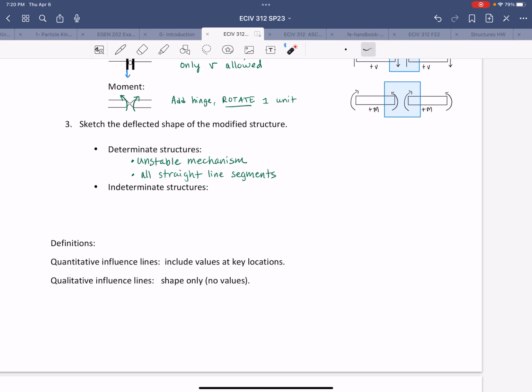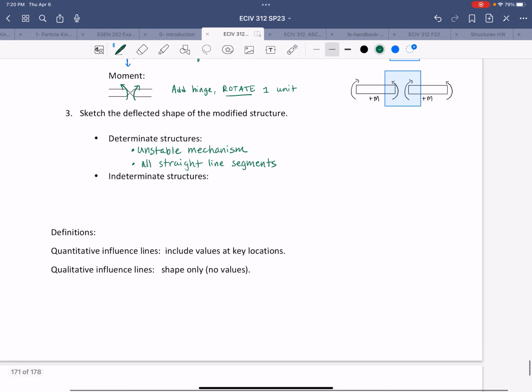All right, and this is consistent with what we know about influence lines for determinate structure, right? We already know that the influence line has to be all straight line segments. For an indeterminate structure, the modified structure will be stable and the deflected shape will consist of curved lines. If it's not all curved lines, it's going to be mostly curved lines.